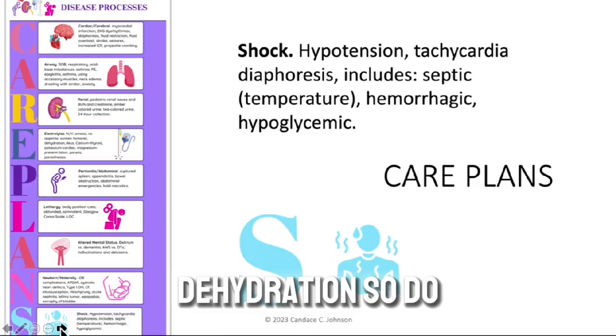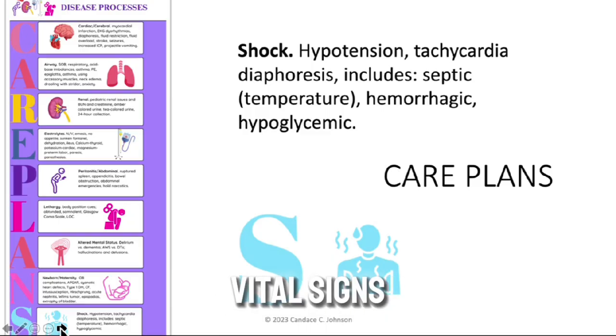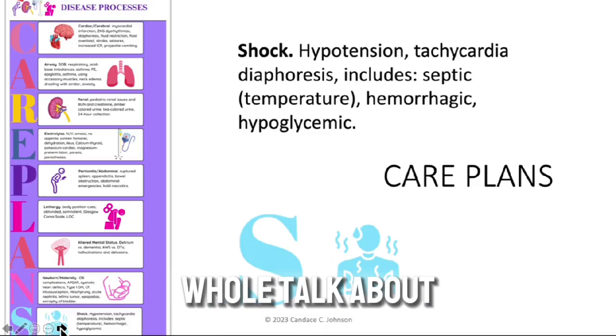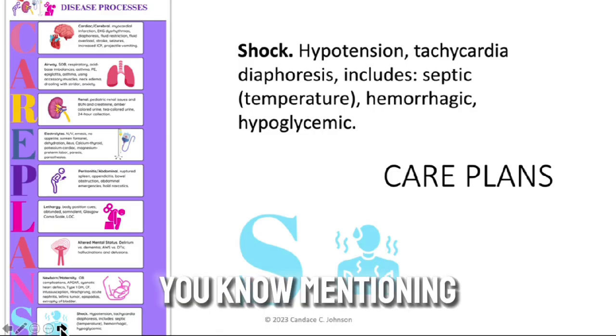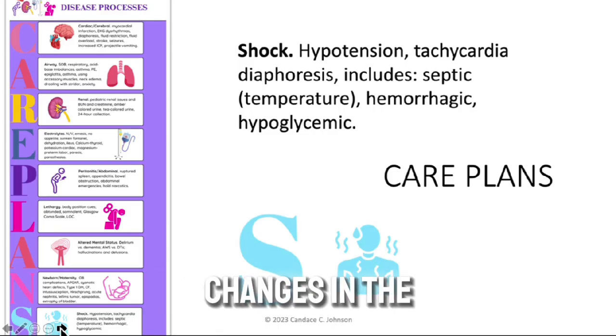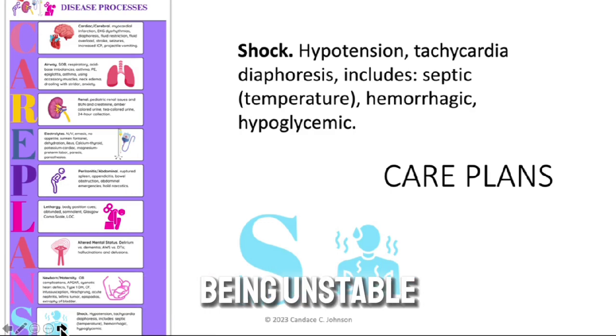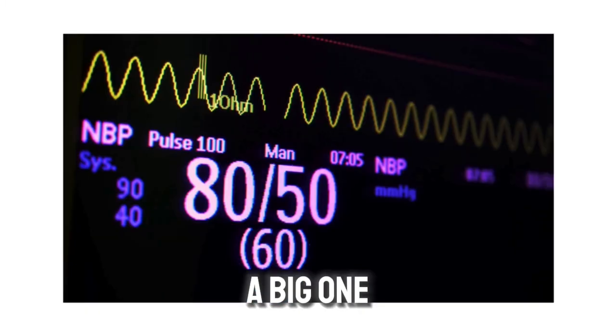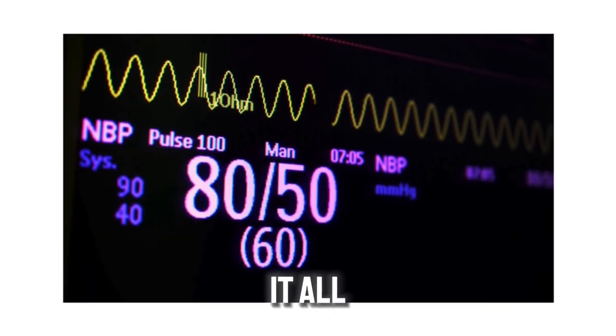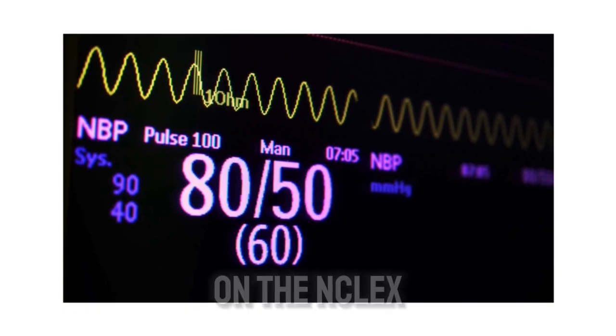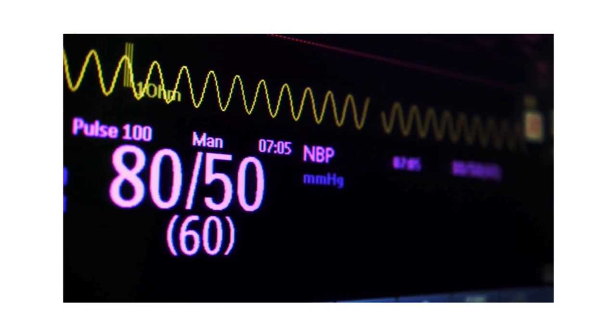Because it's just dehydration. So, do you know the vital signs? I've started this whole talk by mentioning changes in the patient's status, specifically vital signs being unstable. All right. Well, this is a big one, hypotension. Don't miss it. What is hypotension on the NCLEX? Let's go with 90s or lower.